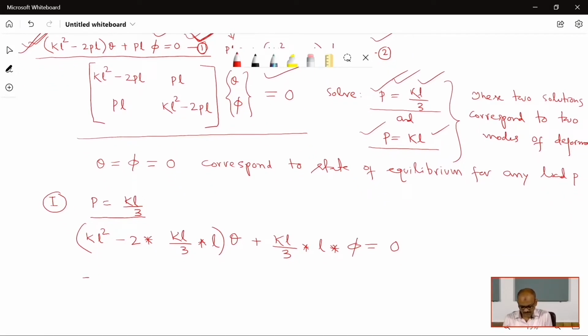This one, if we simplify, results in KL square by 3 into theta plus KL square by 3 multiplied by phi.